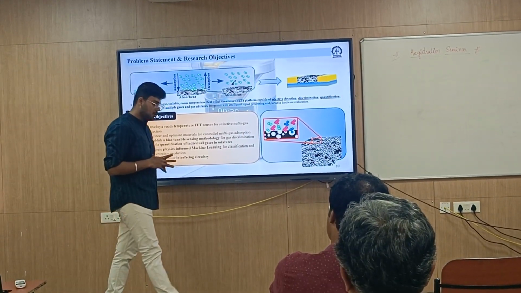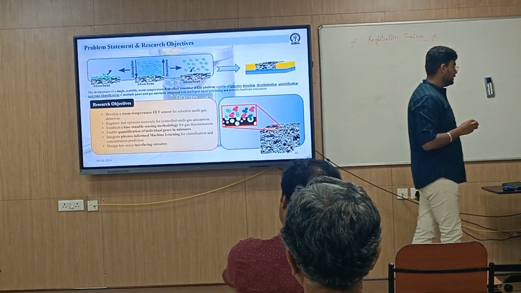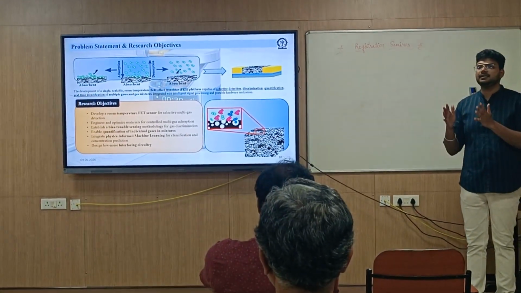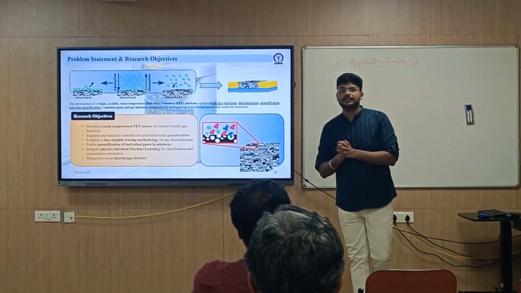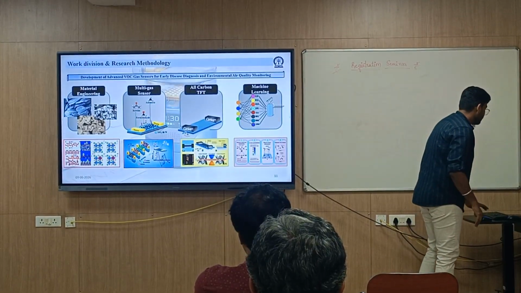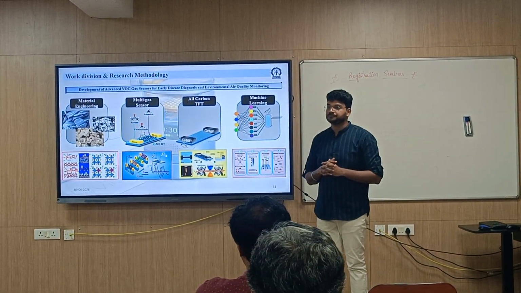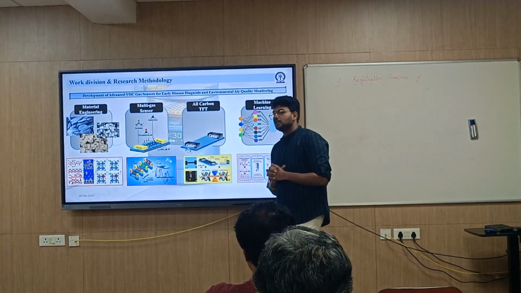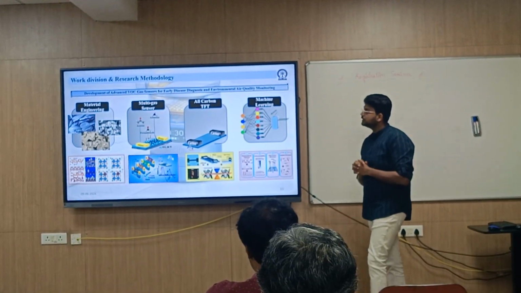ML and AI are a hot topic nowadays, but the thing is, they're not backed by physics. They are just pattern recognition. And design a low-noise interfacing circuit. So this is more or less the work division.